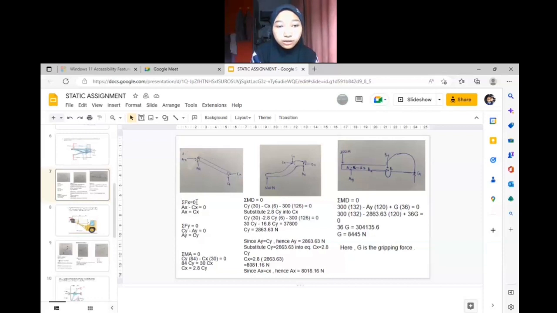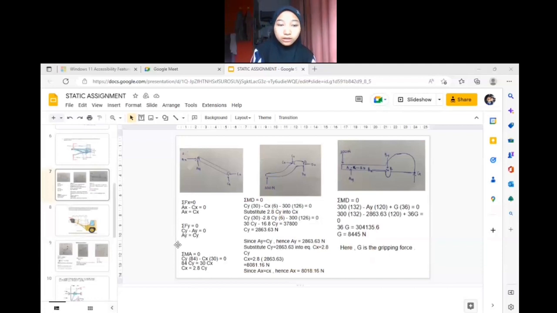Next we use the equation summation Fx equals 0 and substitute all the forces: Ax minus Cx equals 0, so we identify that Ax equals Cx. Next we move to Fy, using summation Fy equals 0, the same steps, and we get Ay equals Cy.